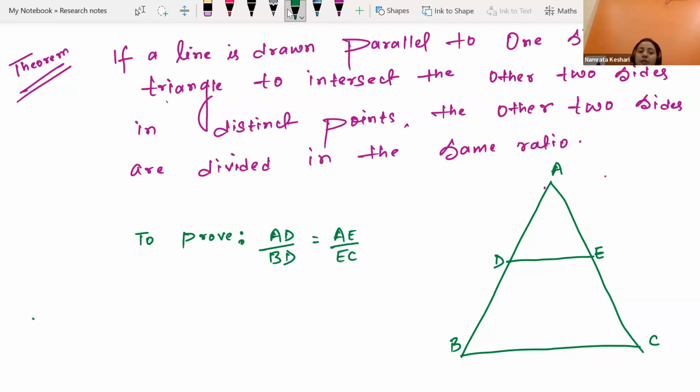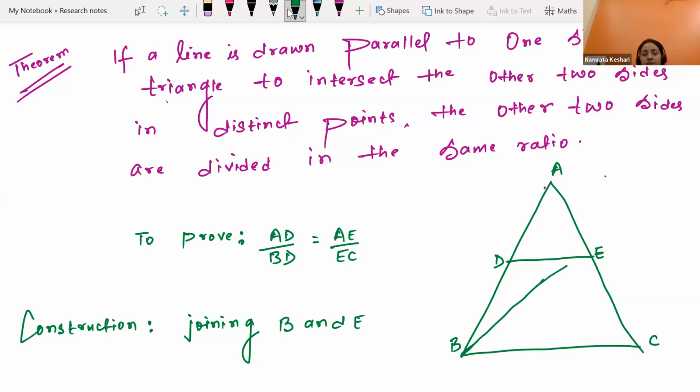Okay, first we will be doing the construction which will support our proof. Joining B and E, and D and C also, otherwise it can create confusion.